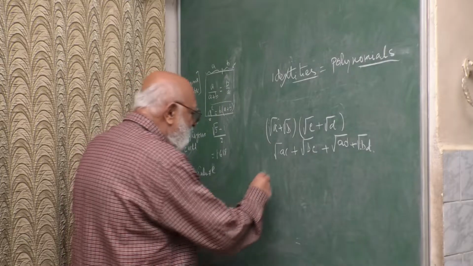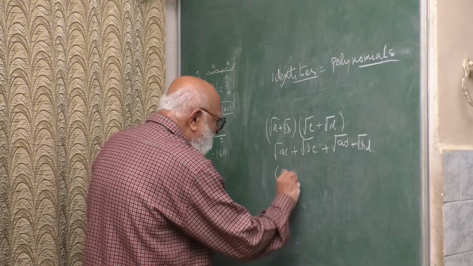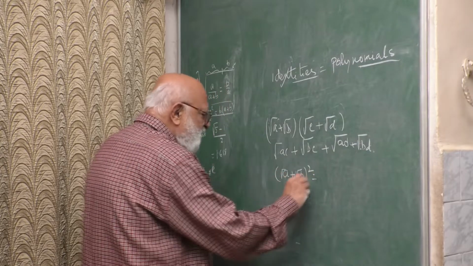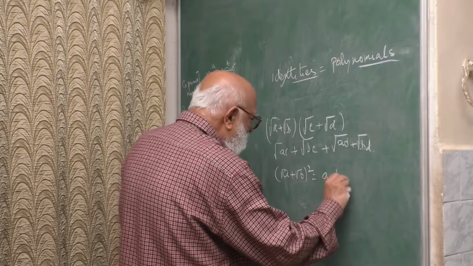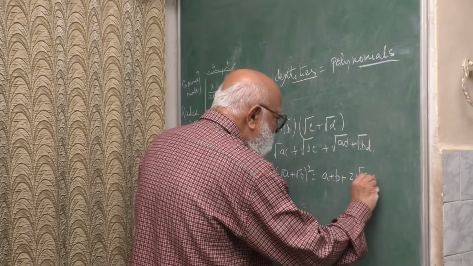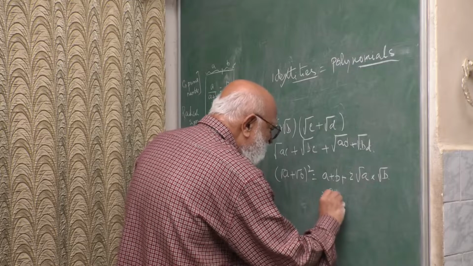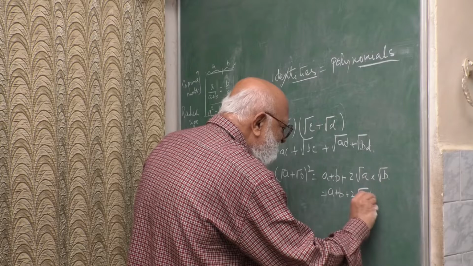Again, another one, time tested: root A plus root B, and that is whole squared. Root A squared would be A, root B squared would be B, plus 2 into root A into root B. Or you can also write it as A plus B plus 2 into root of AB.